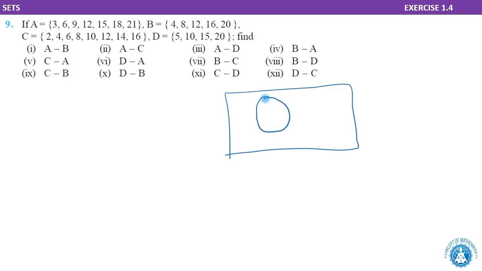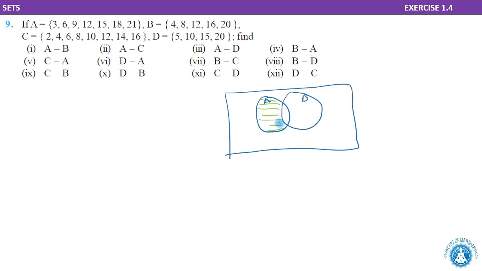Suppose set A is given, set B is given, then A minus B will be represented by this region.